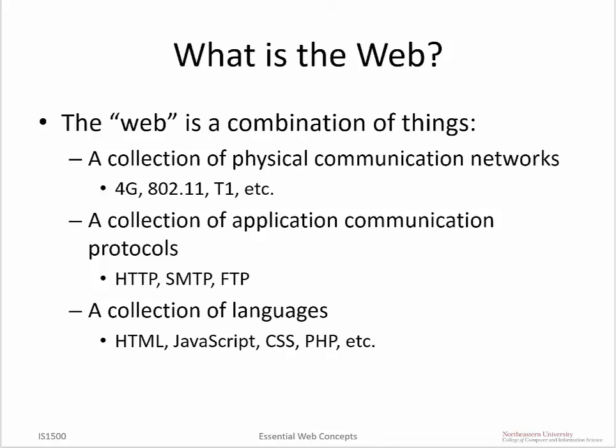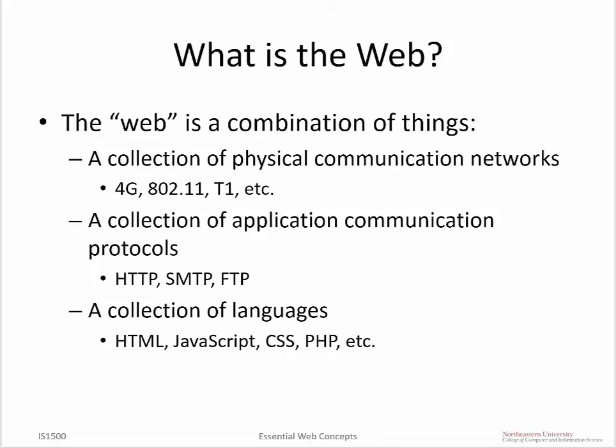We have the physical communication network that allows a browser such as Google Chrome or Apple Safari to connect to websites, and that includes physical communication networks and networking protocols like 4G on a cell phone, 802.11 that you would have on a Wi-Fi connection, T1 that you would have perhaps on a physical actual wired network connection, which you might have somewhere in a company or the university.